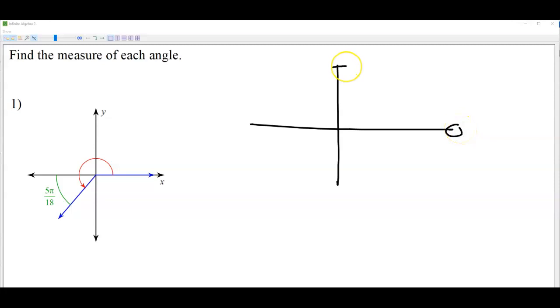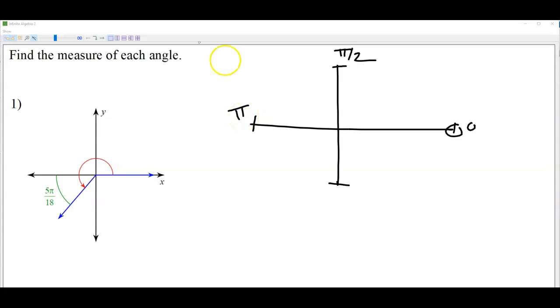Up here is 90. This is 180, and this is 270, and then over here is also 360, right? But when we're talking about radians, this is 0. This is pi over 2, and this is pi.